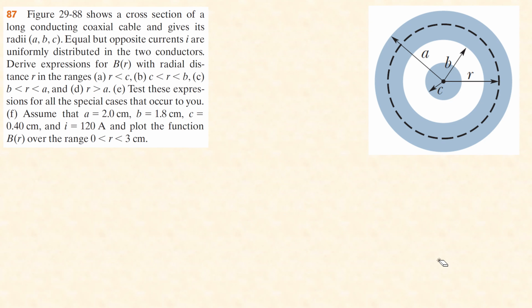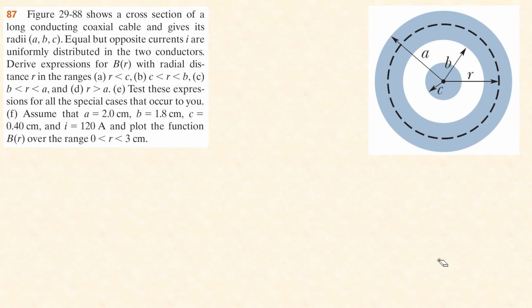The figure shows a cross-section of a long conducting coaxial cable and gives its radii a, b, c. The coaxial cables that you see in the market are kind of like this. Equal but opposite currents I are uniformly distributed in the two conductors.